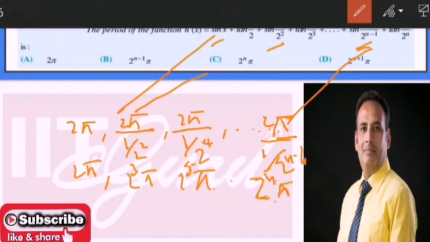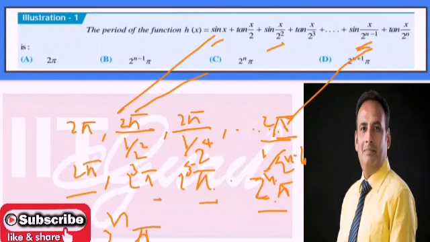So if we take the LCM of all of these, we will find 2 to the power n pi is the LCM, where n is perhaps an odd number, it's very obvious. It should be mentioned, but it's not mentioned in the question. So 2 to the power n pi.